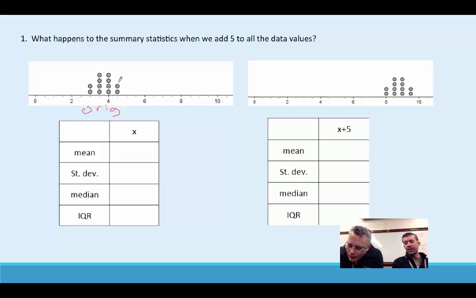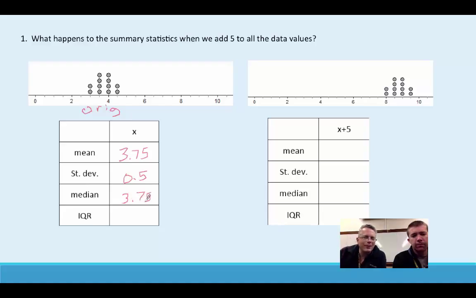All right, here we go. We're going to need these a couple times. Stat, Calc, One Variable Stats. The mean is 3.75. The standard deviation is 0.5. The median is 3.75.